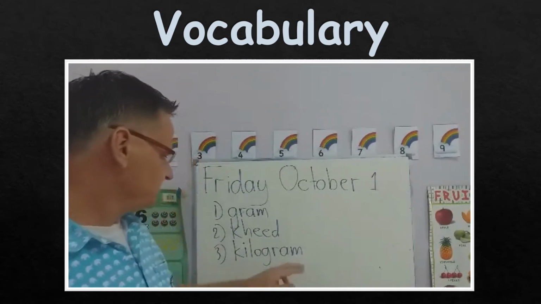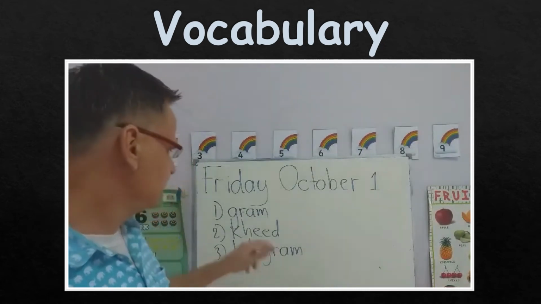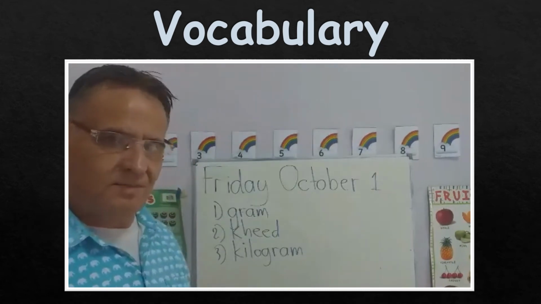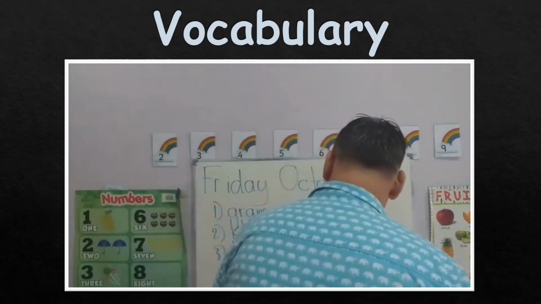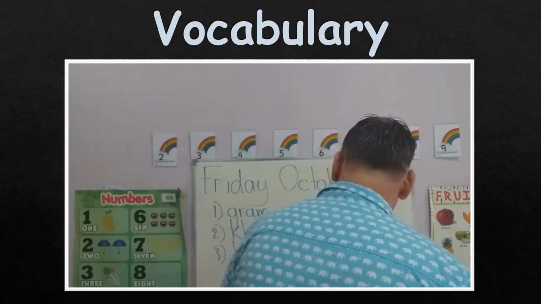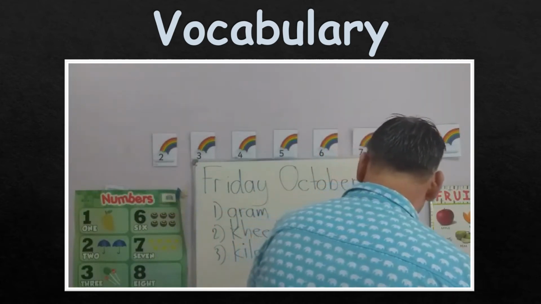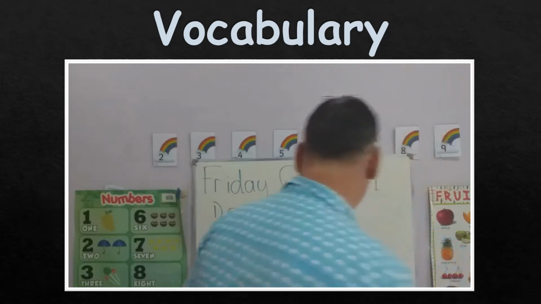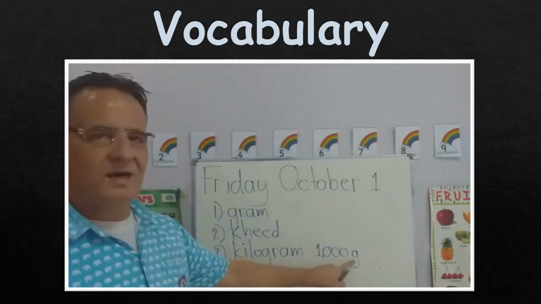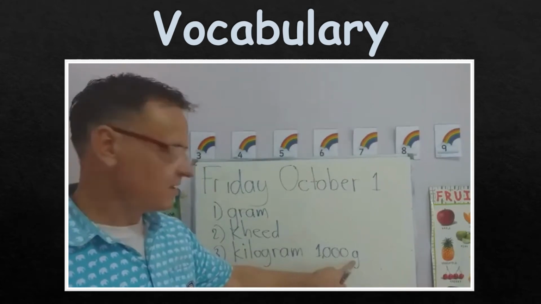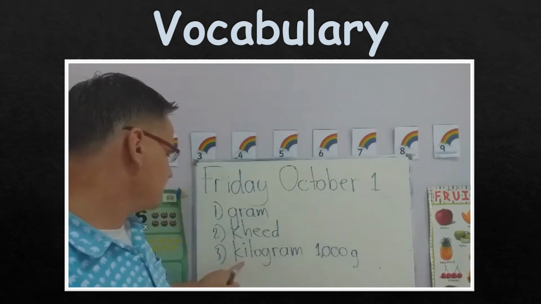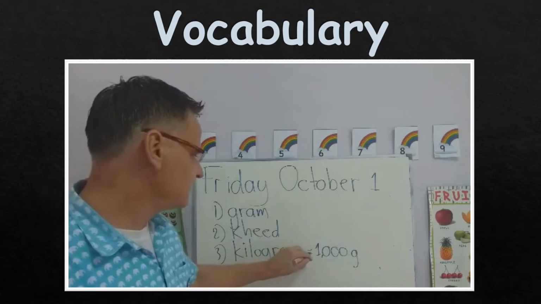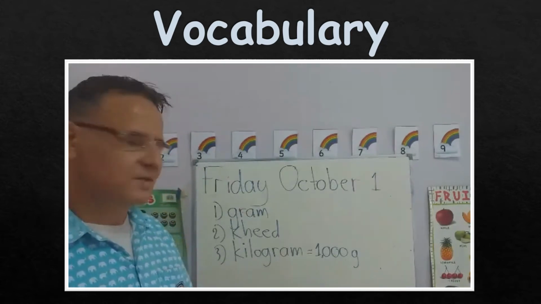Okay, so a kilogram is 1000 grams. We can shorten grams to the letter G, I told you before. So 1 kilogram equals 1000 grams.